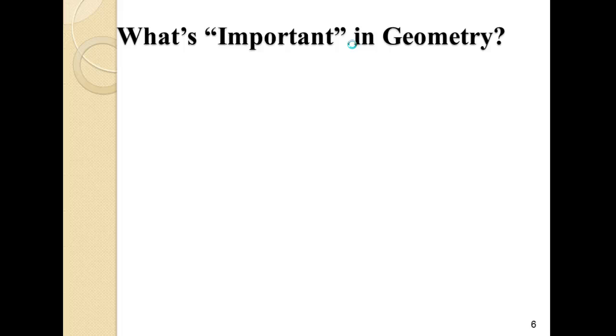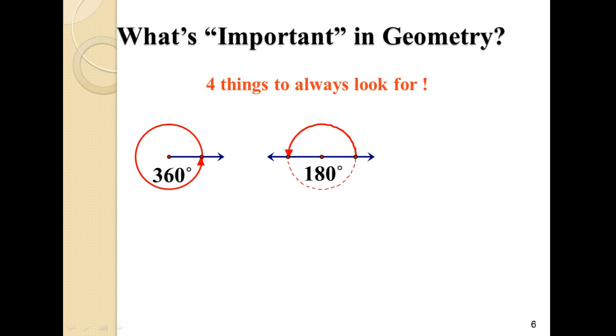Alright, important things to know in geometry. We have the 360 angle, which forms a circle, and the 180 angle. So this will be the 360 angle that forms a circle. Now, once you move to trig and higher level math, the angles actually go past 360.